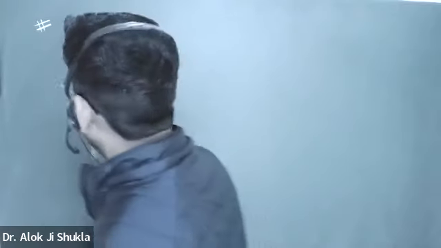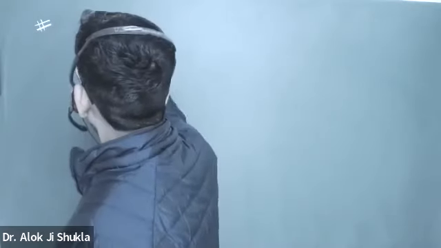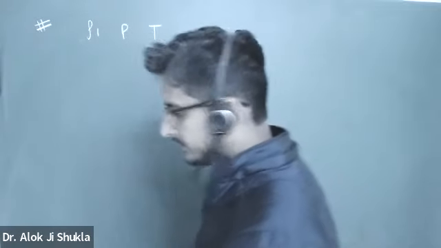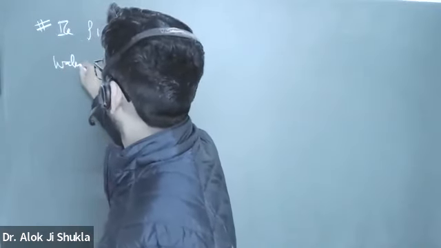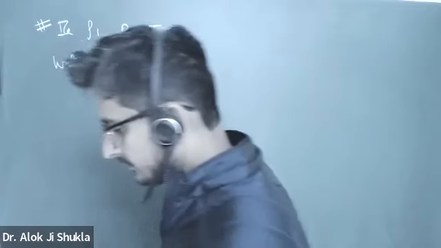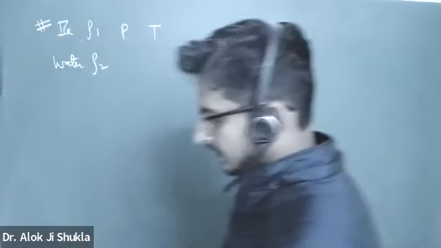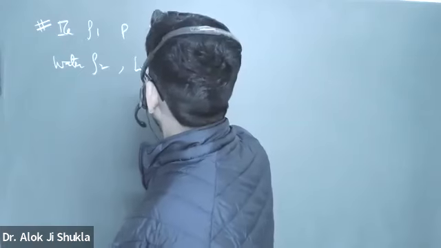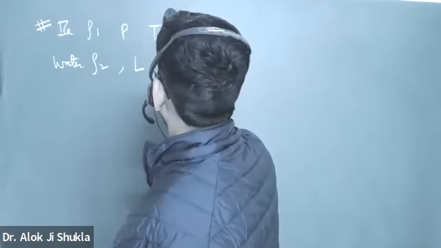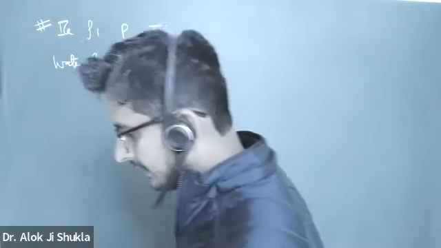Ice of density ρ1 melts at pressure P and absolute temperature T to form water of density ρ2. The latent heat of melting of 1 gram of ice is L. This is latent heat.